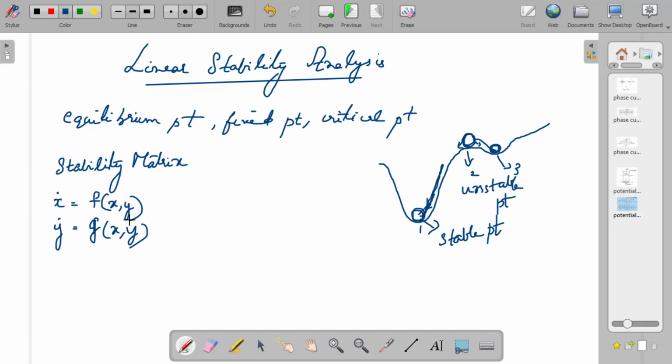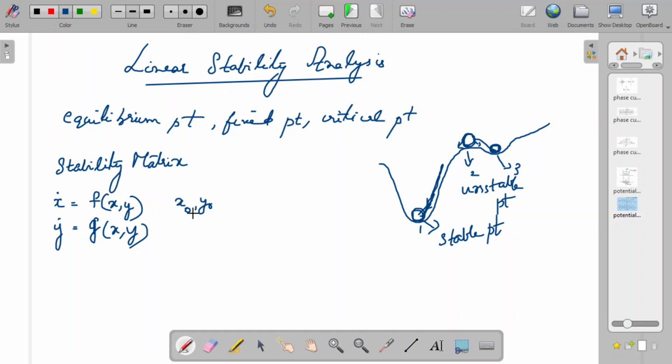Okay, now let me call the fixed points x0 and y0, and let x0 and y0 be one equilibrium point, that is where the system stays for a long time.